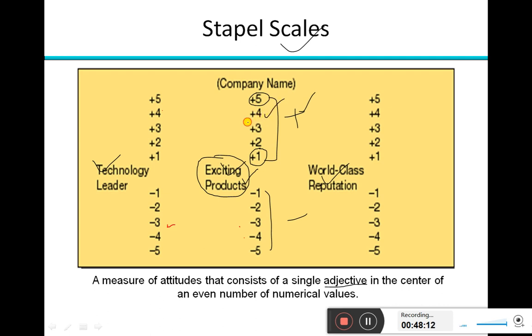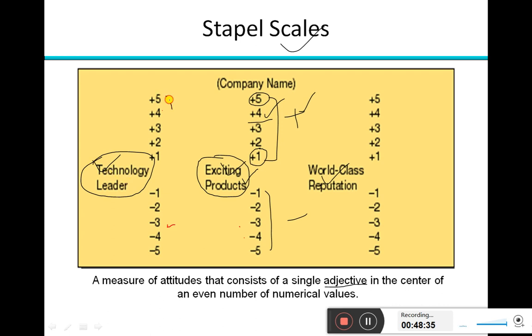So +4 will indicate to the company that our products are very much exciting or provide excitement to the individual. Suppose I want to know whether my company, through its technology, has become a leader in the market or not.